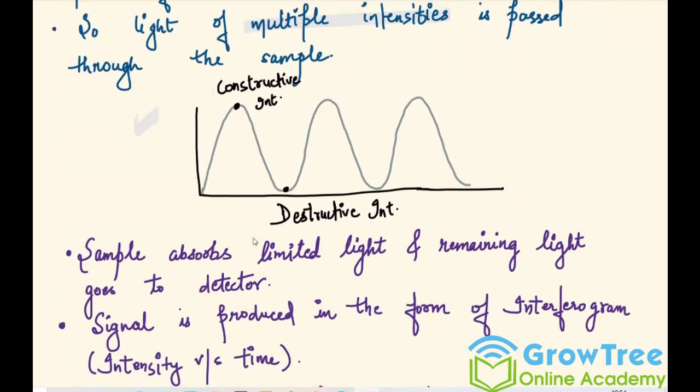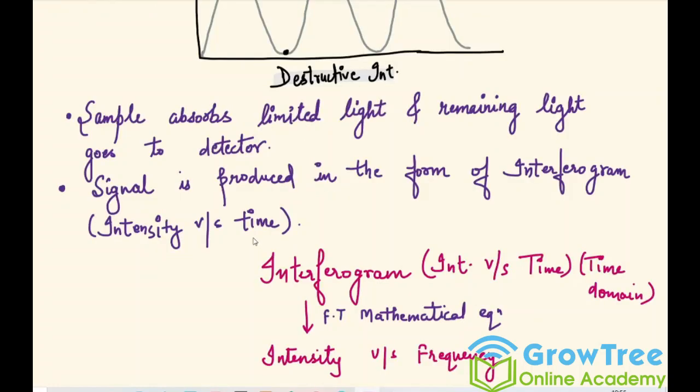On the top we have the constructive interference, light of high intensity, and on the bottom we have the destructive interference, which is the light of low intensity. So in the entire range we have light of different intensities, and this light will be passed to the sample. The sample is going to absorb a limited amount of light, and the remaining light will reach the detector.